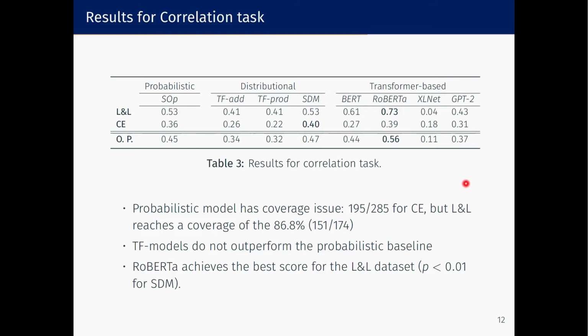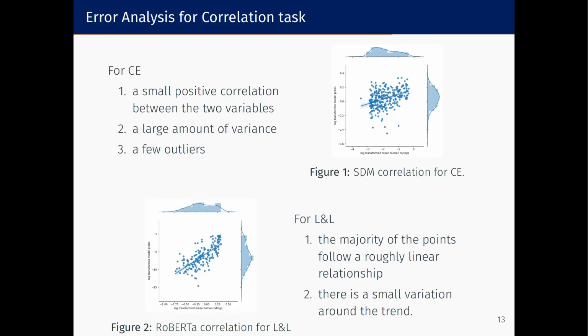Generally speaking, all these scores are lower than in the previous task, and this could be caused by the fact that the task is intrinsically more complex, but it could also be influenced by the bigger size of these two datasets. Concerning the error analysis, we select the best model for the two datasets, and we plot the linear relationship between the human ratings on the x-axis and the model-derived probabilities on the y-axis.